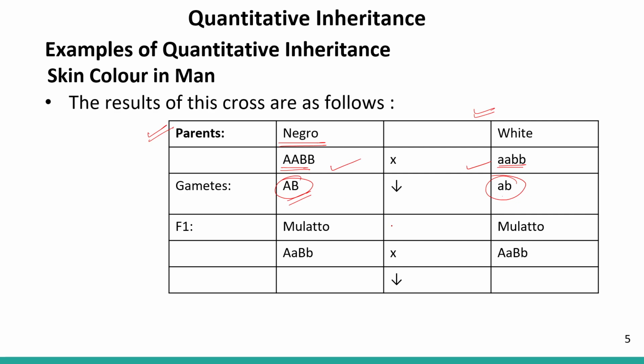Now they will produce mulatto, the intermediate skin color between the Negroes and white. Now we will take one mulatto as a female and one mulatto as a male, and we will see what happens in the next generation cross.